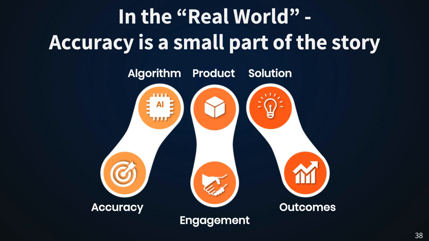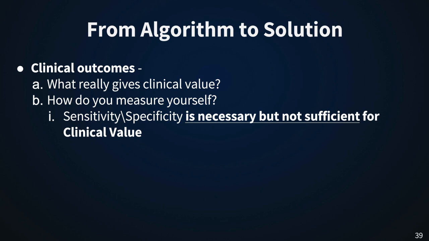But my claim, our claim as a company, is that accuracy is not enough. So how do you move from algorithm to solution?